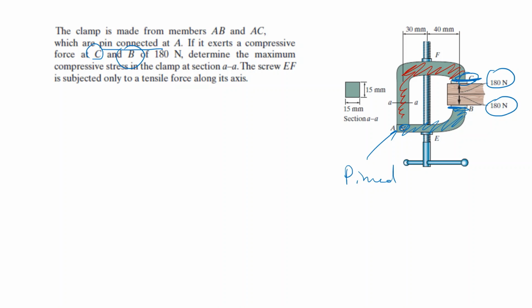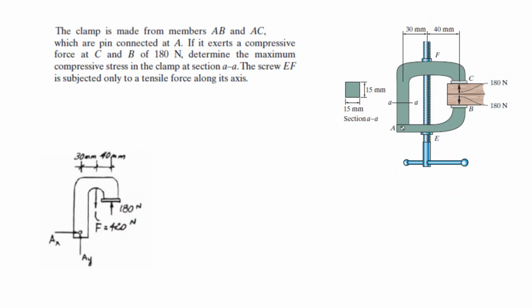And in order to apply this compression, there is a screw. And along the screw, only tensile forces act along its axis. So the question is, this is your section AA, and determine the compressive stress in this section.